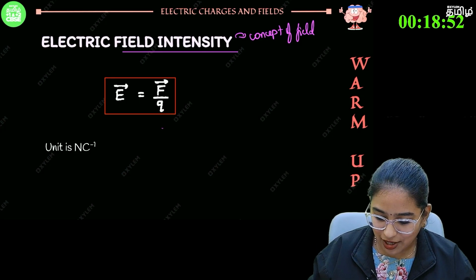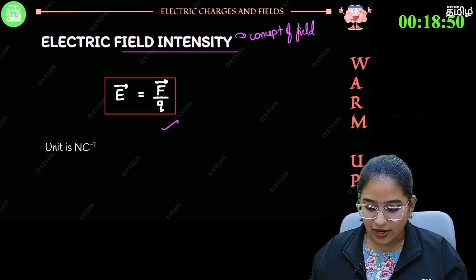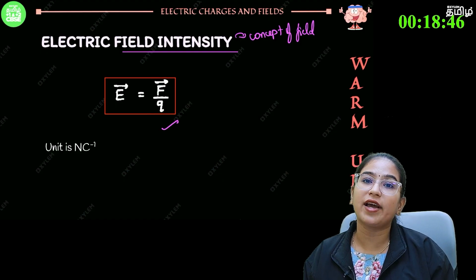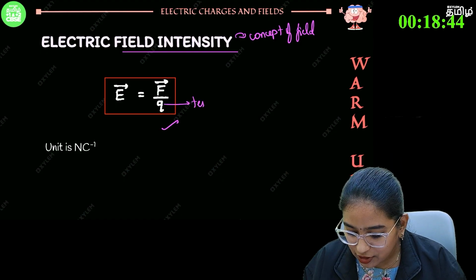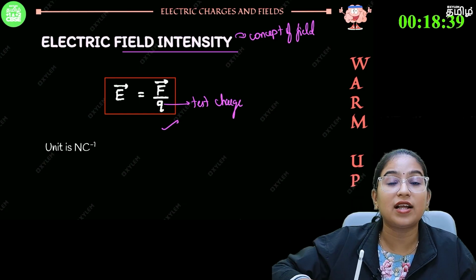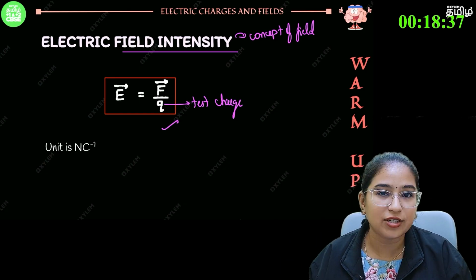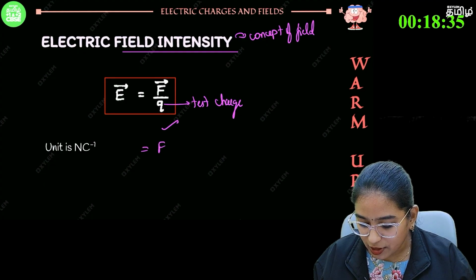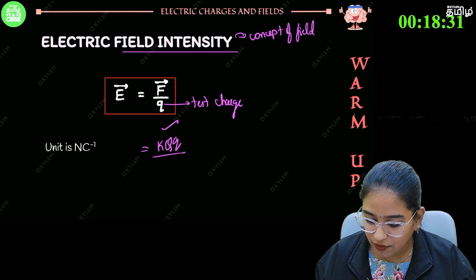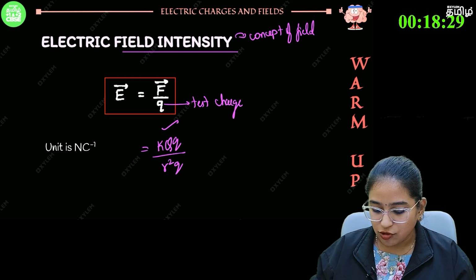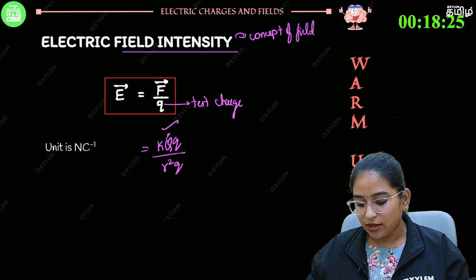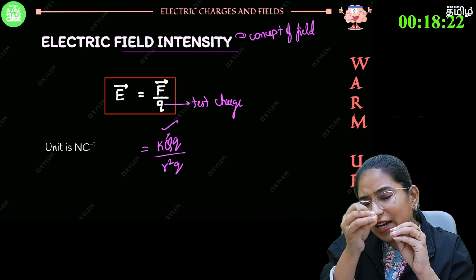Here we can write two formulas. One is that the electric field E is equal to the electric force divided by q, where q is the test charge, the charge which is moving inside another charge's field. Or else I can expand the force: KQ q divided by r squared. Here Q is the charge which has the field, and small q is the charge entering the field.